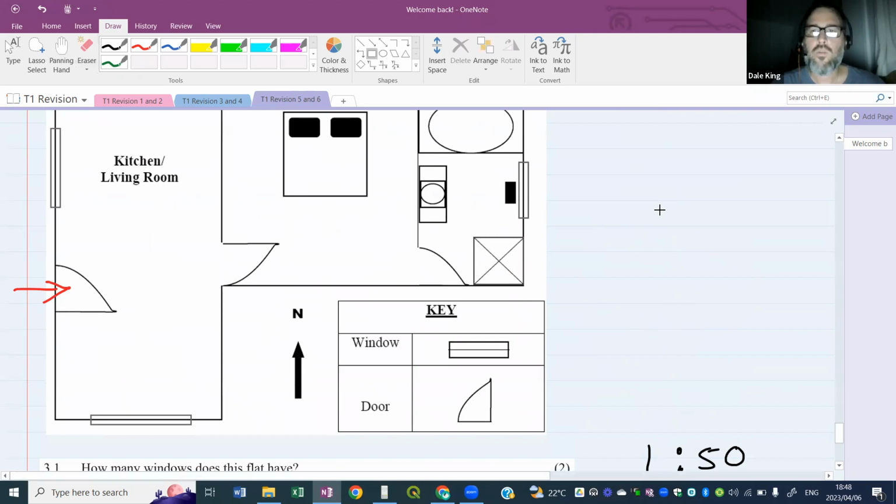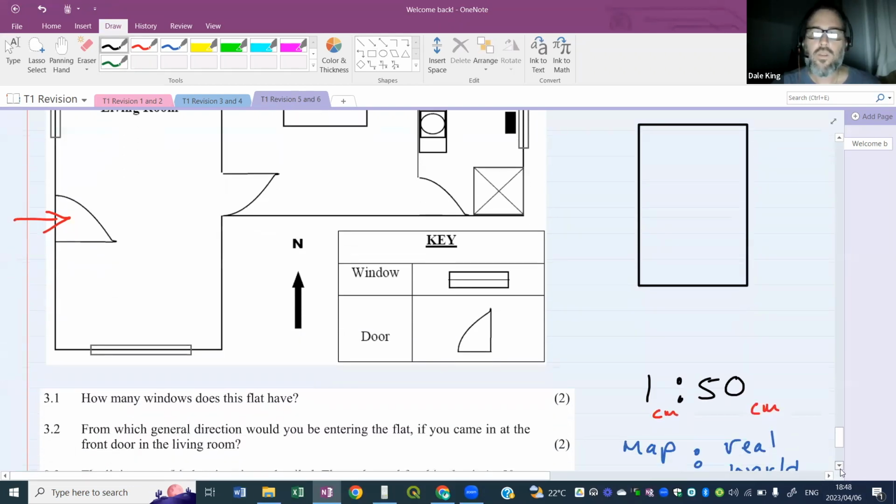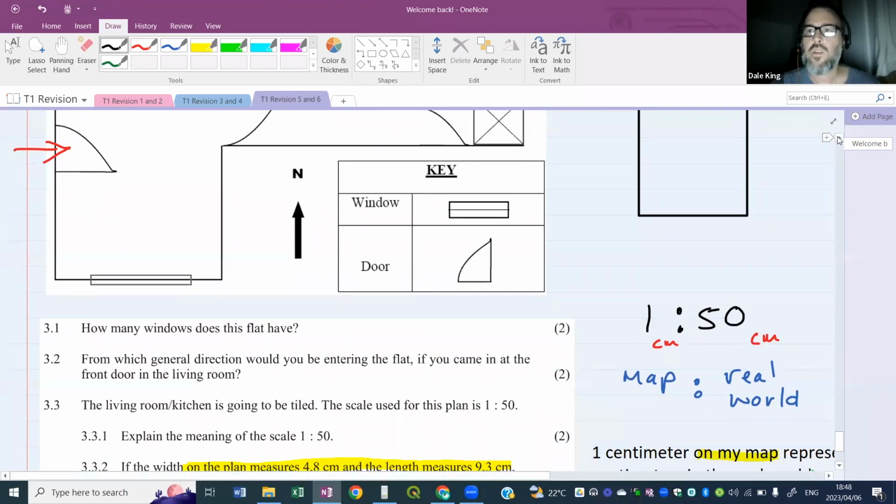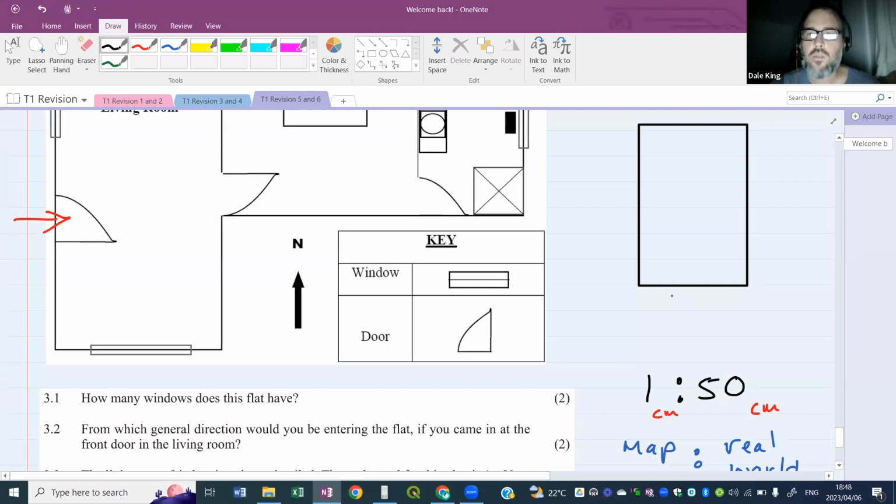So the living room is basically a rectangle, and the width is 4.8 and 9.3. So the width is 4.8 centimeters and the length is 9.3 centimeters. They want to work out the real world area of this room, please, guys. I'll give you 4 minutes to do it.